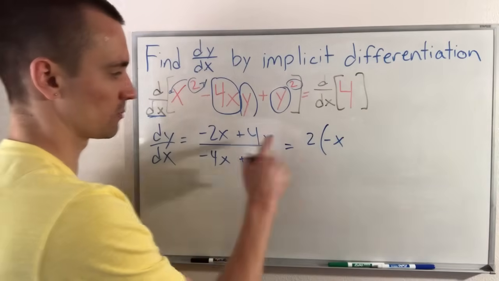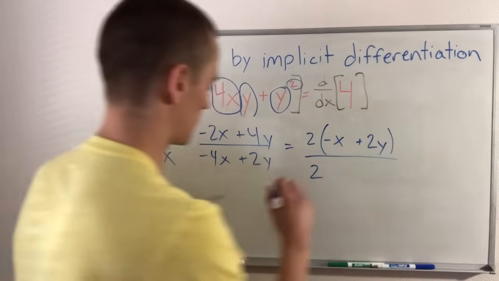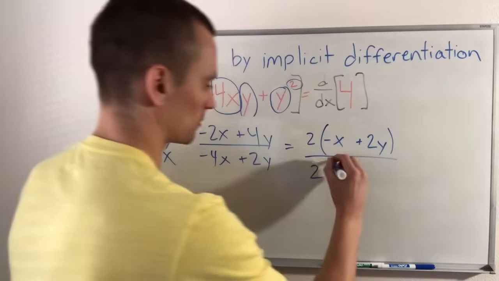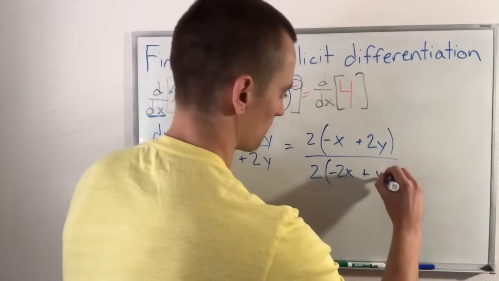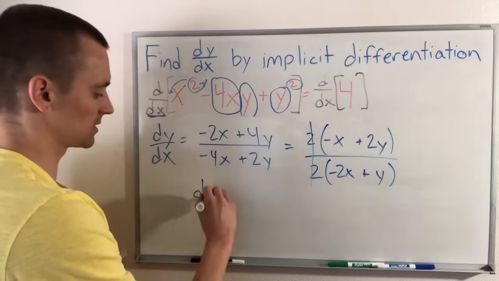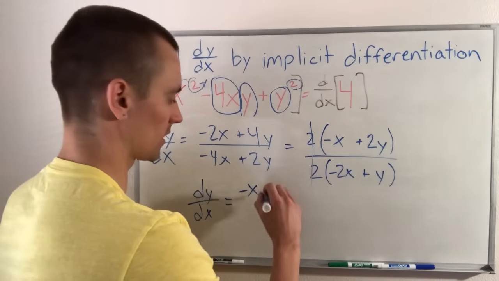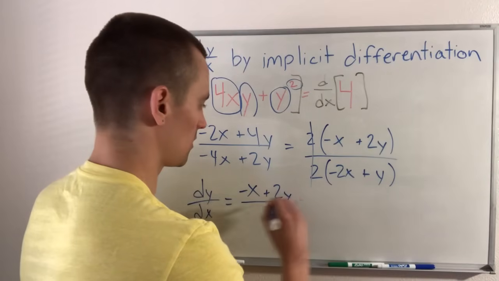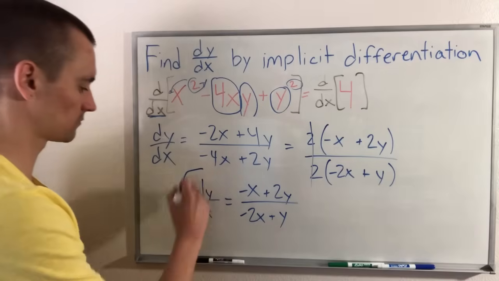This term will be left with plus 2y. Pull a 2 out of our denominator. Negative 2x will be left here. And plus y will be left here. And then our 2's will cancel. So we'll just get dy dx equals negative x plus 2y over negative 2x plus y.